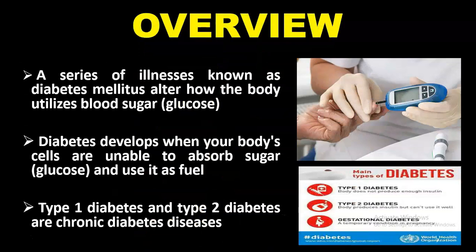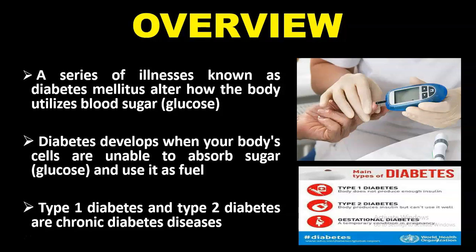The overview of diabetes. A series of illnesses known as diabetes mellitus alter how the body utilizes blood sugar or glucose. The cells that make up the muscles and tissues rely heavily on glucose as a source of energy. It serves as the primary fuel for the brain.